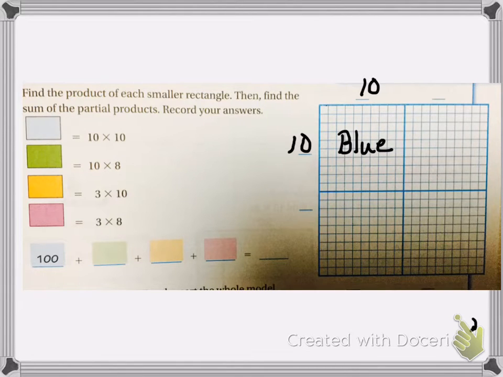Then I'm going to look at 10 times 8. So I'm going to count 1, 2, 3, 4, 5, 6, 7, 8. And this is now 10 times 8, which is my green area. Then I'm going to look at 3 times 10.